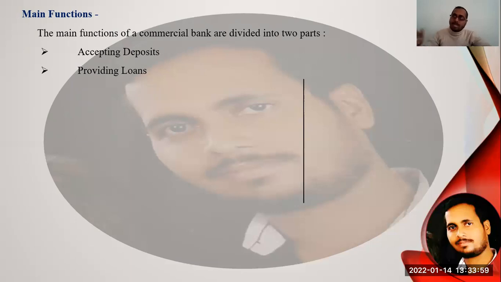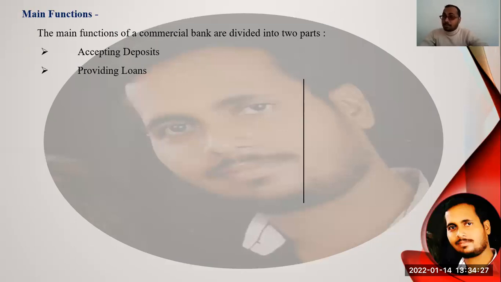Now see the main function of the banks. While performing the main function, the commercial banks have to perform two kinds of tasks. First, accepting deposits, and second, providing loans. Accepting deposits from the customers, from their depositors, merchants, or traders, and providing loans to those who have demanded the money.